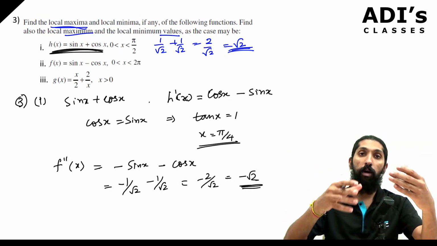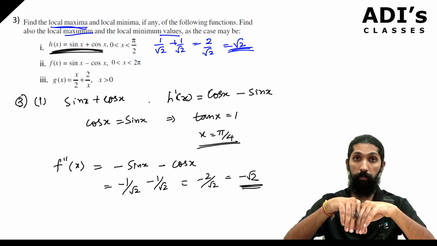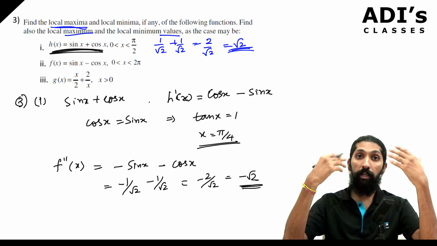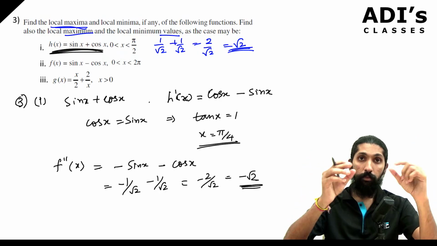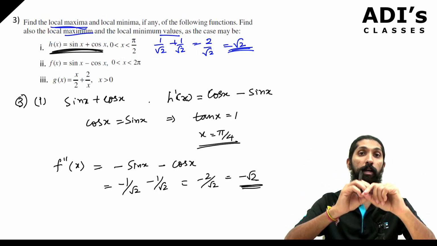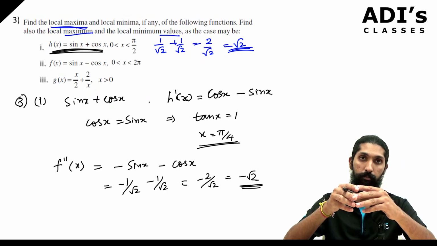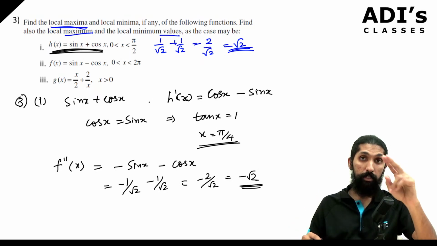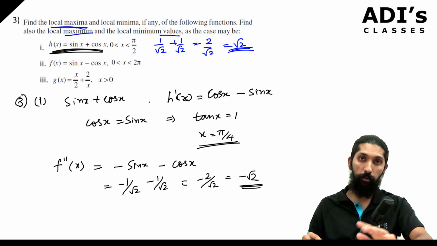Correct? Once you have that, substitute it back in the function, and you will get the value of maximum or minimum. Understood? Let's do the second one, which is very similar to the first one if you look at it.